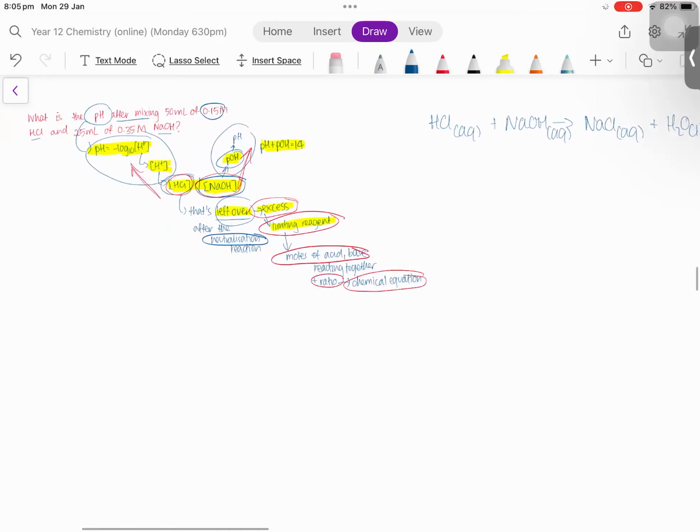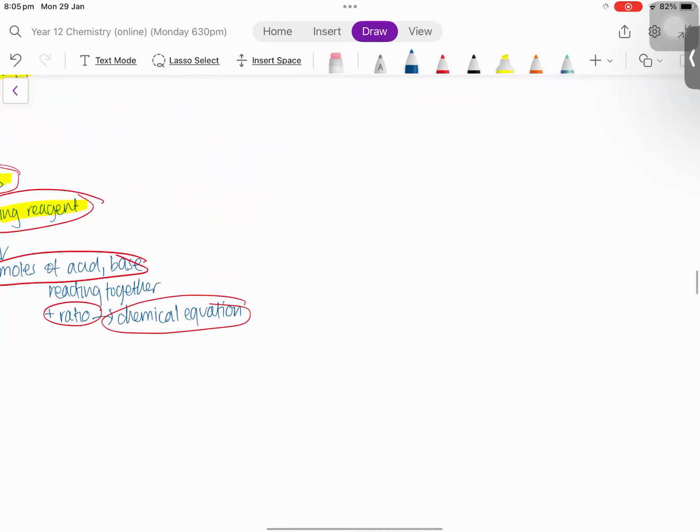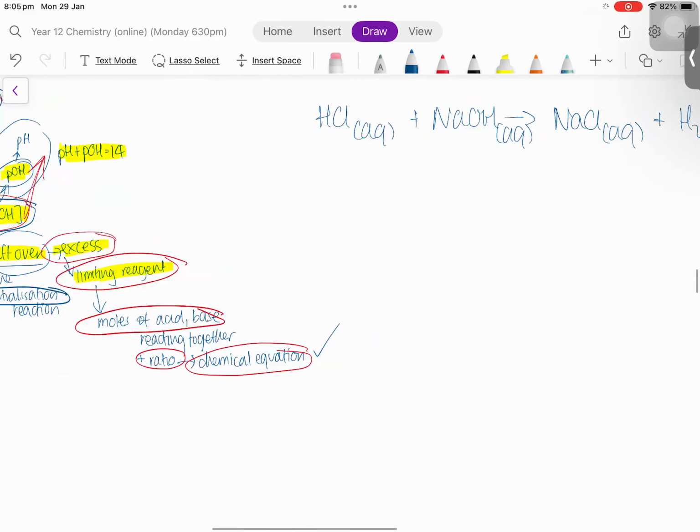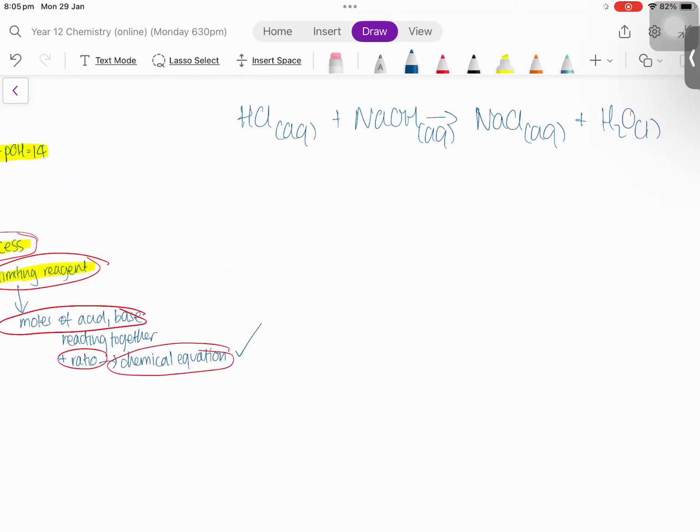Okay. All right. So that's my first step. I've got my chemical equation. Then I need to know the moles of the acid and the base reacting together. I'm going to jump straight to the moles of the protons and the hydroxides that get made. So moles of hydroxide, it's a 1-to-1 ratio with the acid. So that's moles of HCl. And then Aaron, the information they've given me for the acid and the base is volume and concentration.